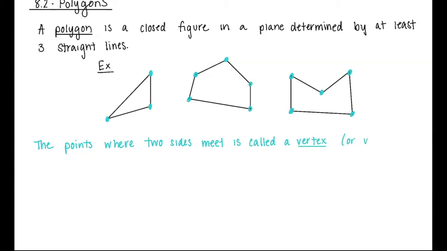Or you're going to hear vertices for plural. Okay. So this would be a side, a side, a side, vertex, vertex, vertex. Okay. So it has 3 vertices on this shape.